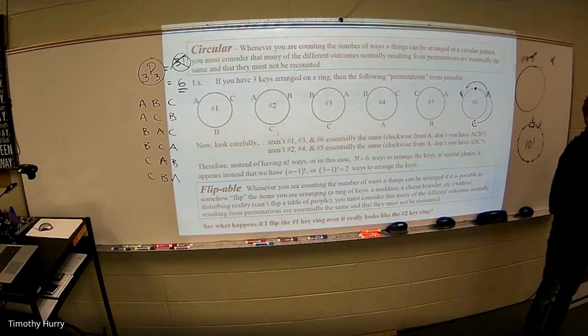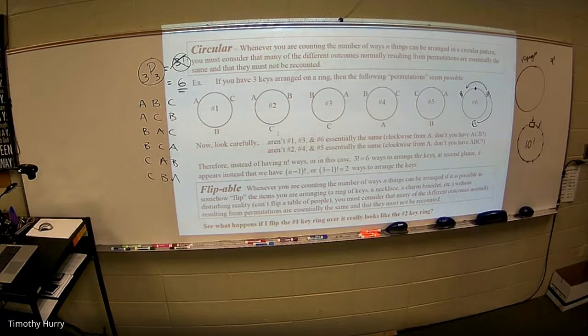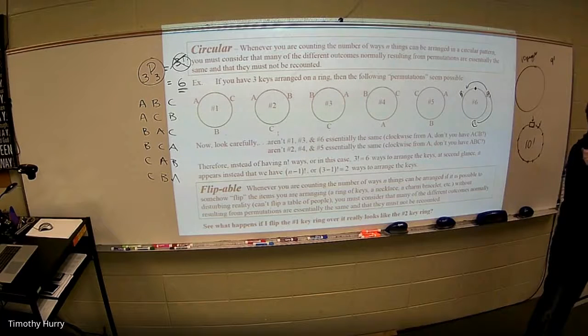Maybe the ruby or emerald is on one side and there's just crap on the other, like whatever holds the clasp, or I don't know, I'm making stuff up. But when we have necklaces, ideally we say they're flippable. A key ring is flippable, right? I can't flip a table of people, at least not comfortably, right? That's not a really flippable situation.